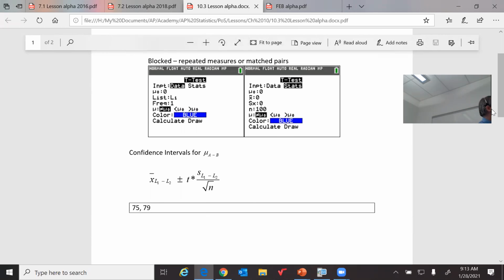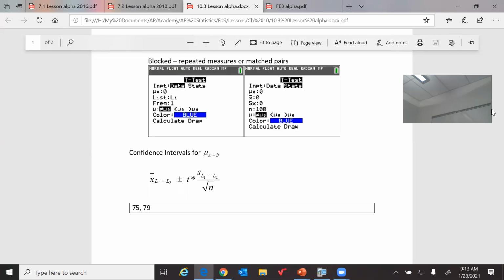I have the mean of list 1 take away list 2, add or subtract the t-score times the standard deviation of list 1 take away list 2 divided by root n, the sample size, which is going to be the sample of the differences. So if you had 10 in each list, then it'd be root 10 because you'd have 10 differences.